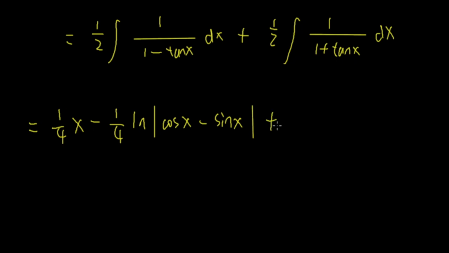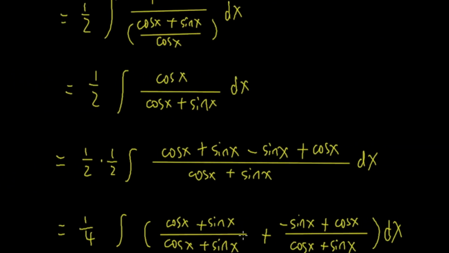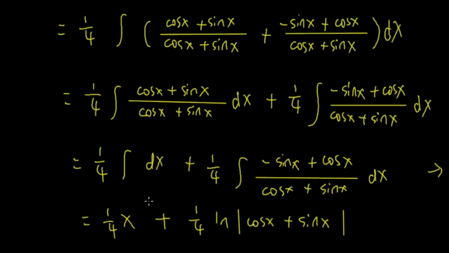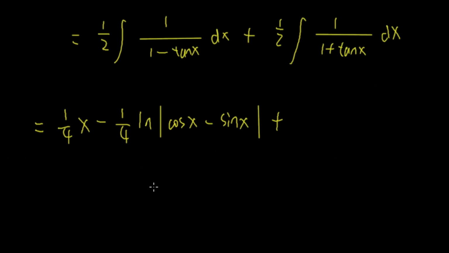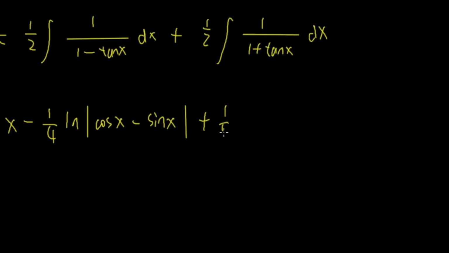Now plus, what's the integral of this? It is this that I just did. This one. 1 over 4 x plus 1 over 4 ln of cosine x plus sine x.